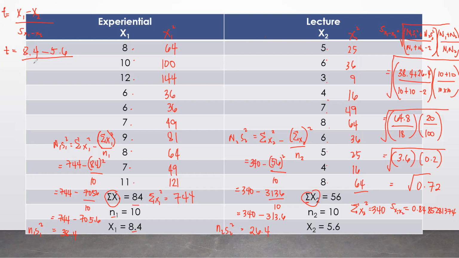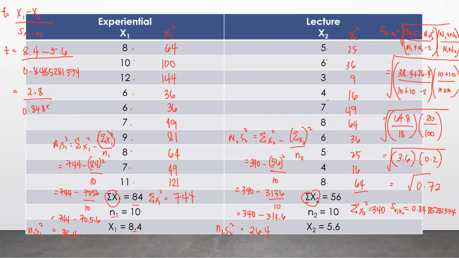Okay, so our data is now complete. We have now the S sub x1 minus x2. That is 0.8485281374. So let's continue. So this is 8.4 minus 5.6. That's 2.8. Step by step, sabi ha.